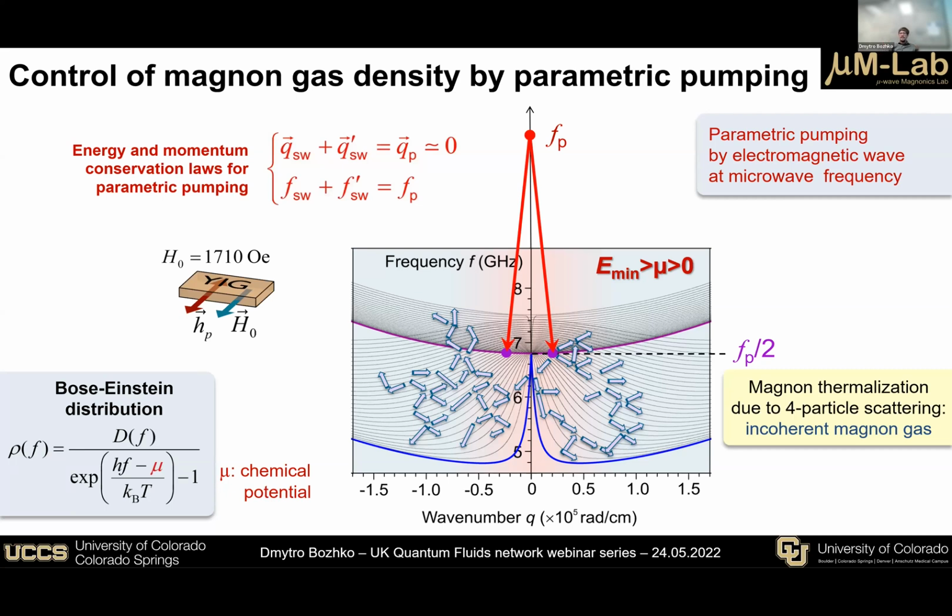It's not as strong. It's not basically kicking the magnons out of the condensate. In terms of the gas, it would be proper to call it a weakly interacting magnon gas. Of course, if we increase the number of magnons, they start to interact more strongly, but essentially it's a weakly interacting gas.